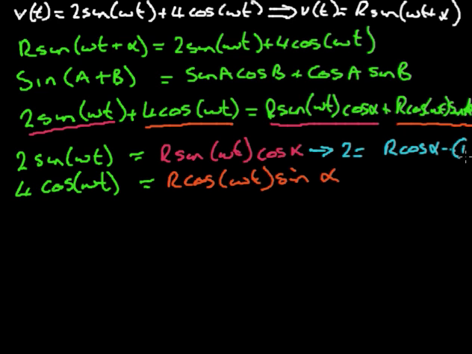Call that equation 1. And this one here, I'll do exactly the same, cancelling out the cos omega t's by dividing by cos omega t, so I get 4 equals r sine alpha, and I'm going to call that equation 2.